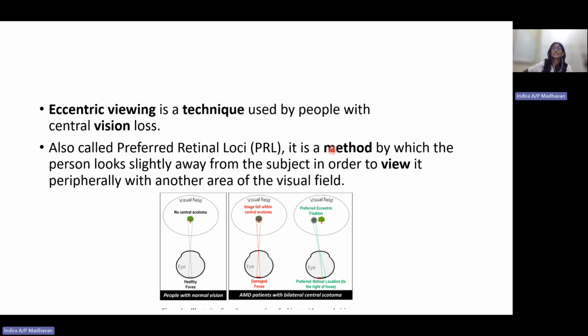Okay, so now the focus is how do we train the patient who is having central scotoma.